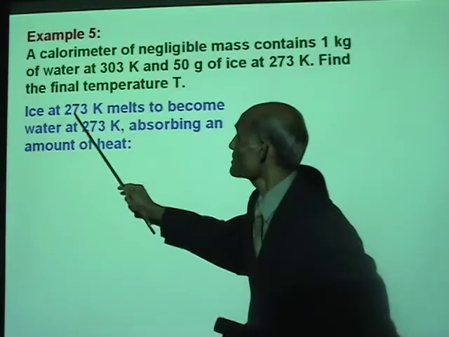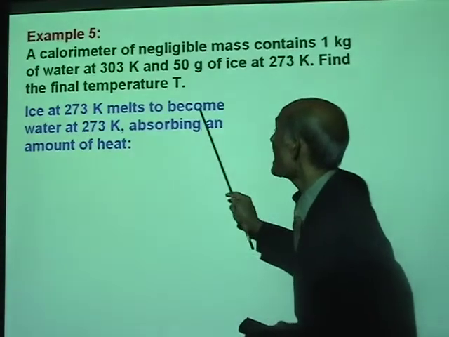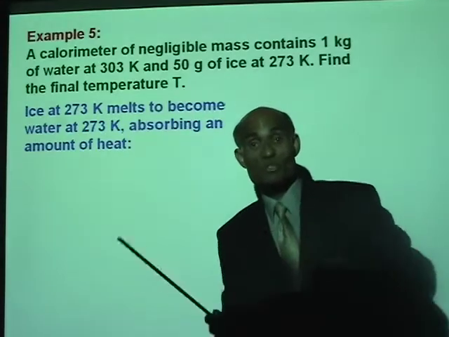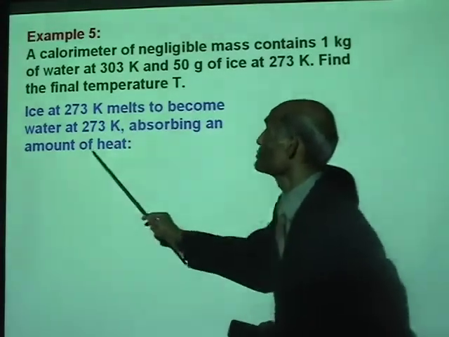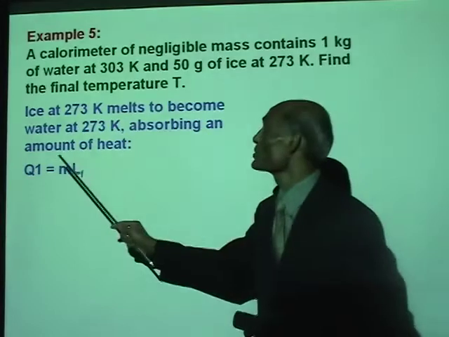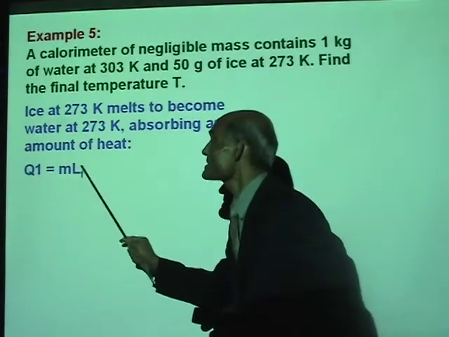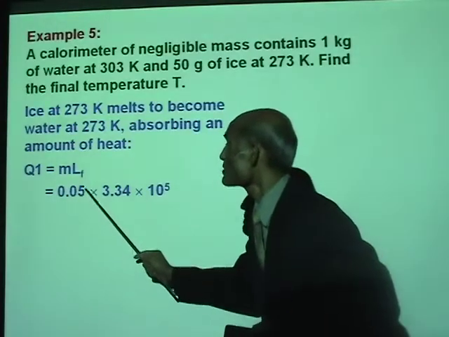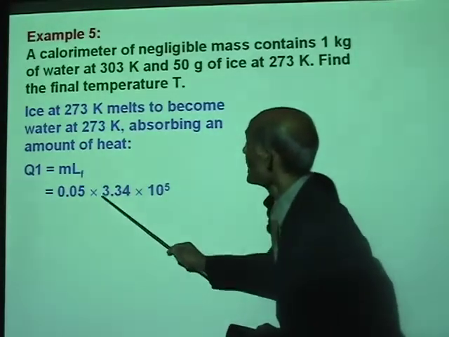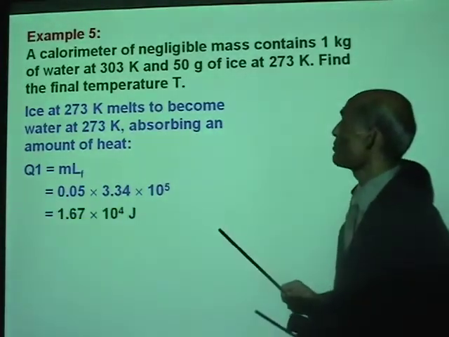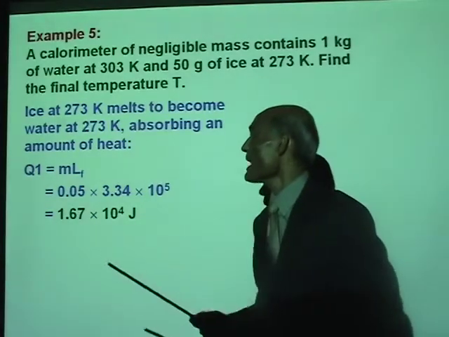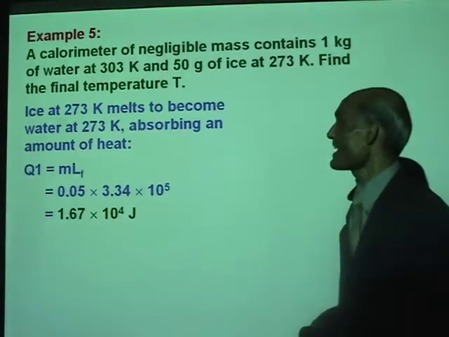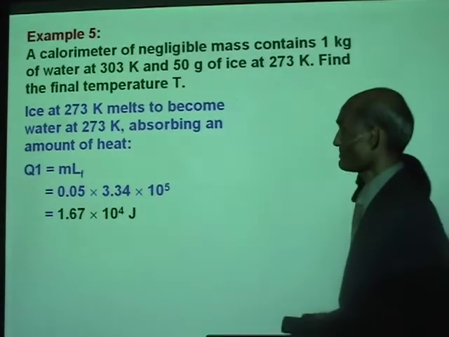Ice at 273 Kelvin melts to become water at 273 without changing temperature, absorbing an amount of heat, Q1, equal to mass times latent heat of fusion. Mass is 0.05 kilogram. Latent heat of fusion is that quantity. Therefore, the amount of heat absorbed by ice is 1.67 times 10 to the 4 joules.